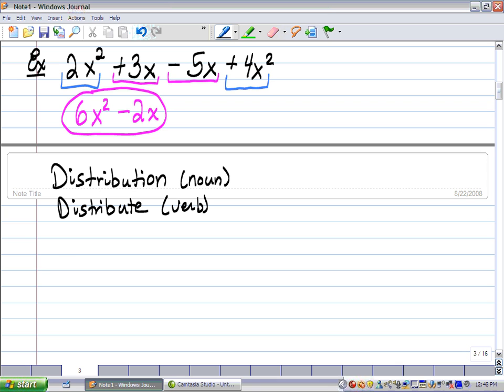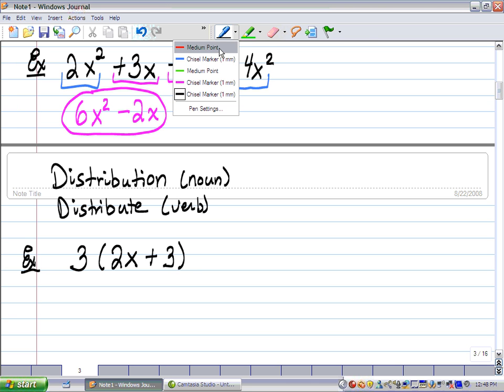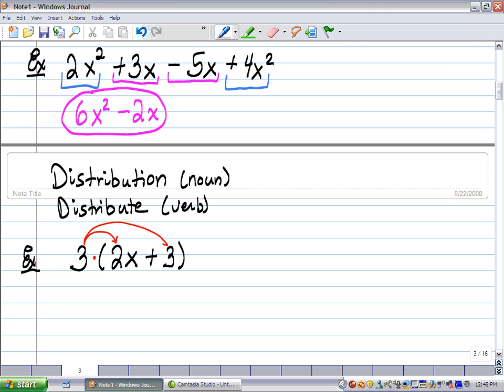Okay, so what we're going to do, for example, is we're going to look at the first number, and it's going to get multiplied by these others. Okay, so I have a parenthesis, and it's implied that this is multiplied, so what I have to do is distribute. Just think about distributing candy on Halloween or something. What am I going to do? I'm going to give some to each.